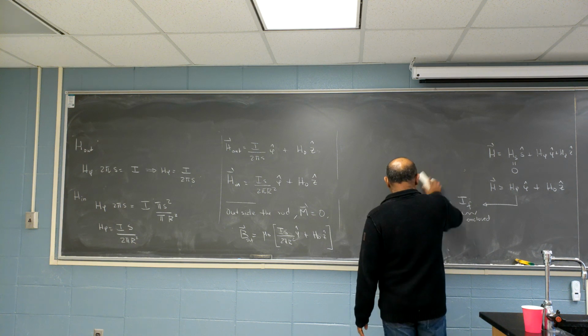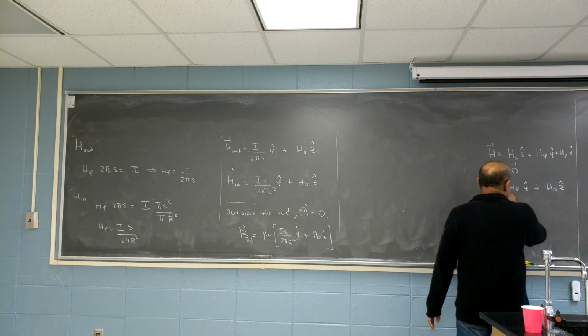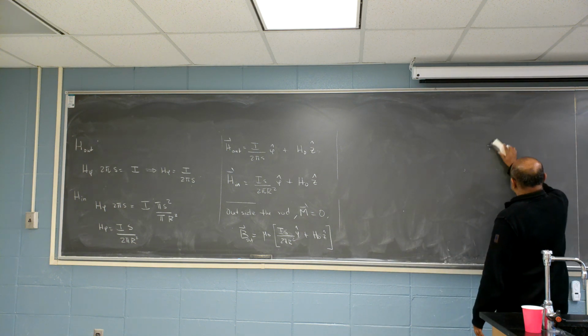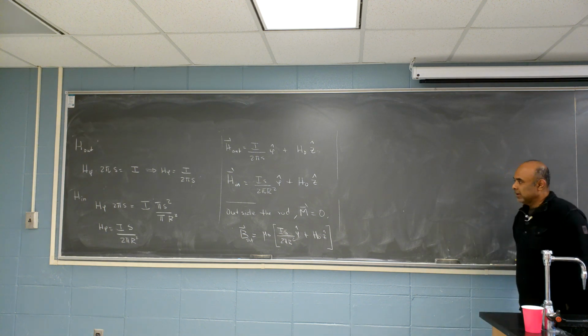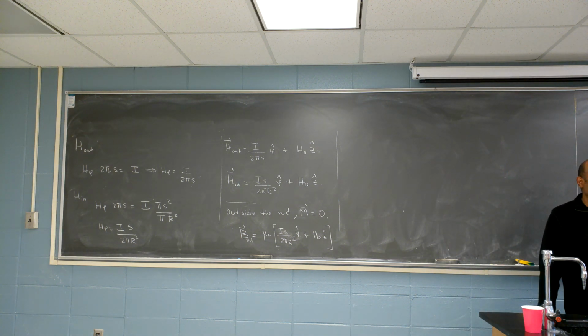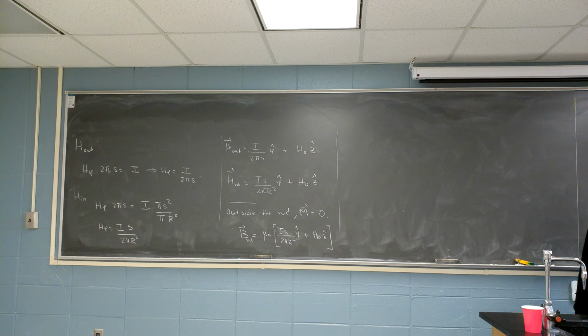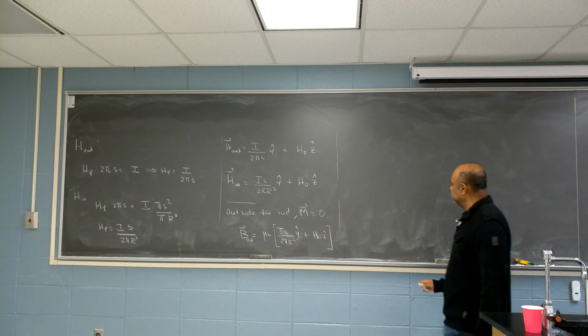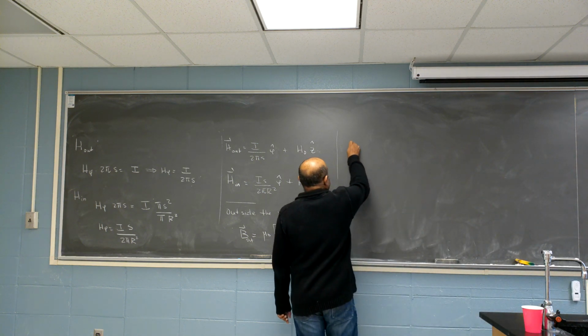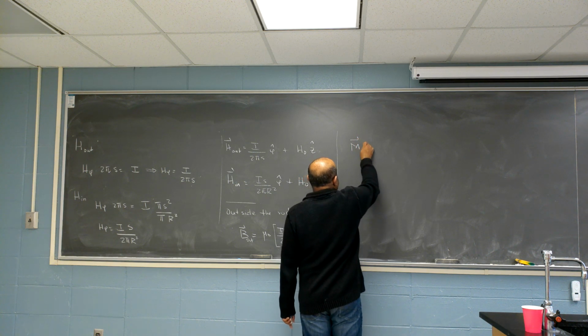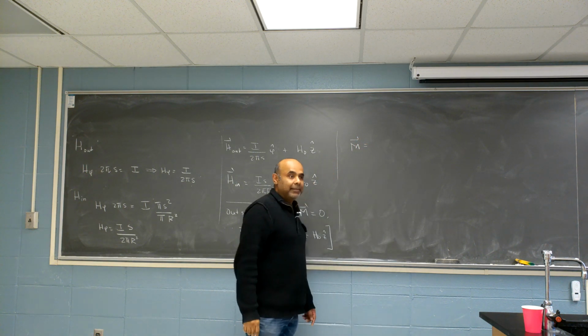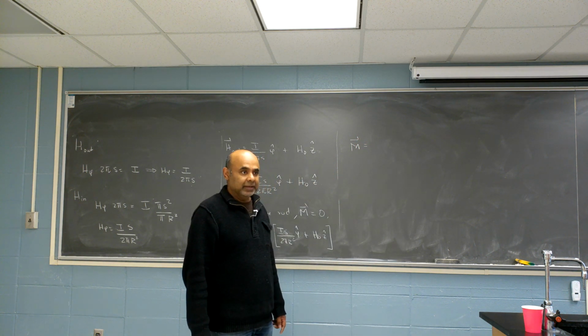I'm going to argue now, and we'll get the diagram in the textbook as well, that H0 is 0. I'm going to look at the inside. M inside is what? Copper is diamagnetic, right?